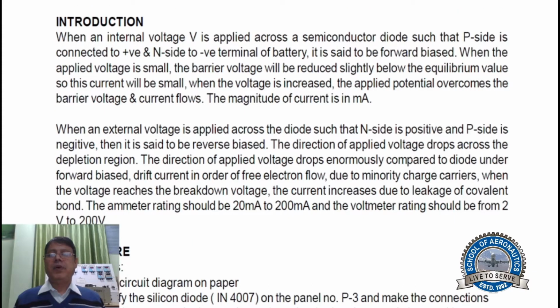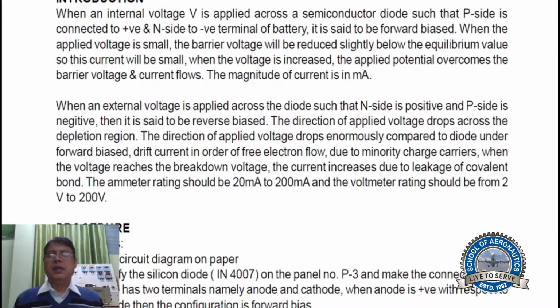When an external voltage is applied across the diode such that the N side is positive and the P side is negative, it is said to be reverse biased. The applied voltage drops across the depletion region. The drift current flows due to minority charge carriers.